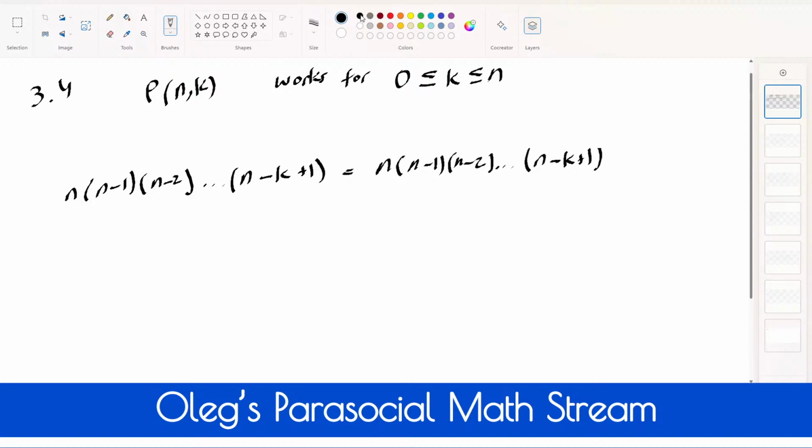Okay, so we want to cancel some stuff out. And the way we're going to do that, we're going to multiply some stuff. So you know how when you have an equation, you actually, you know what? I'm going to make this a little simpler for you. Let me just think of this for a minute here. Probably don't want to overdo it. Yeah, I don't want to go too crazy here.